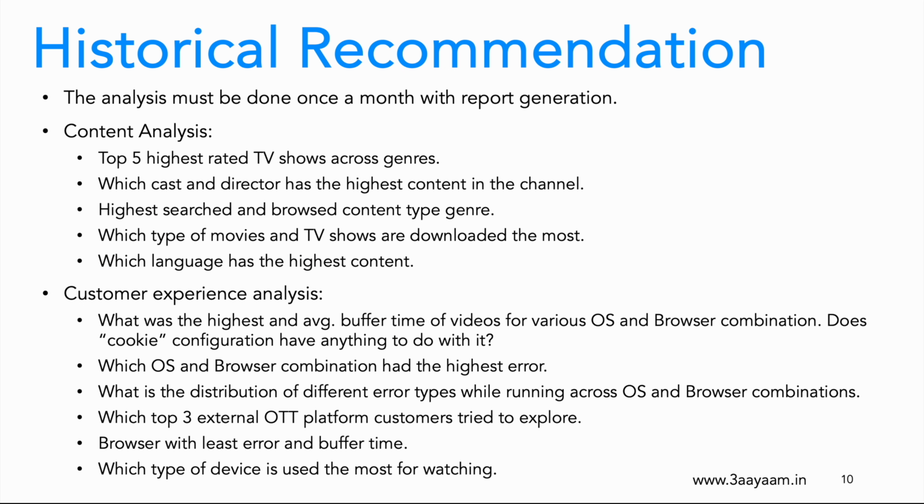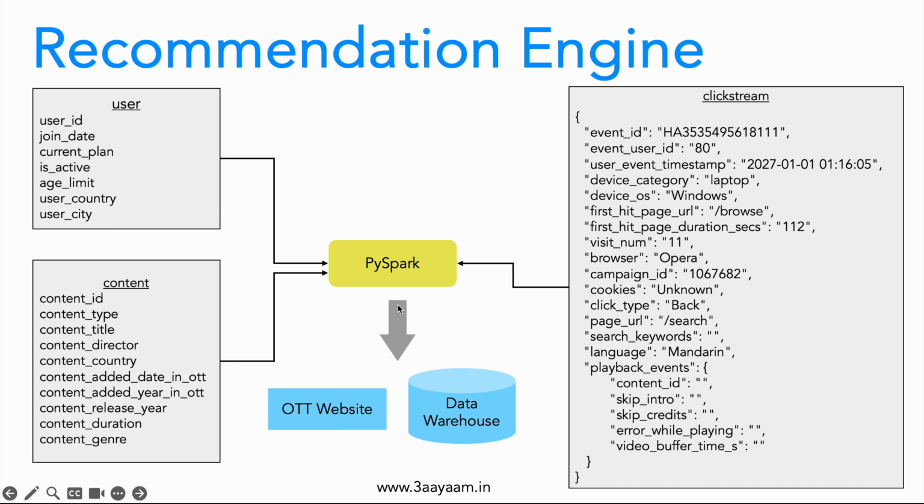All right, now after that, you have to implement these historical recommendations also. Now, if you look at the architecture of the recommendation engine, you see that after doing the analysis, you have to store it in the data warehouse and you have to send it to a website. So these are the two output targets that you have to send the data to after doing processing or analysis.